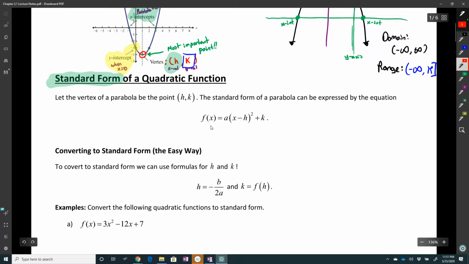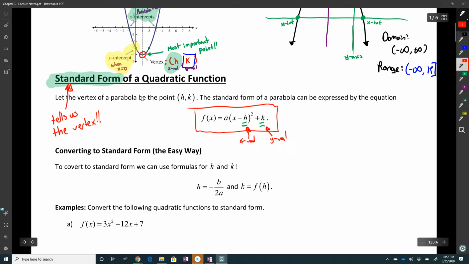So the reason why we like the standard form is it tells us the vertex. And it tells us the vertex just by looking at it. So if you look at this equation, there's h and there's k. That's the x value of the vertex and the y value.